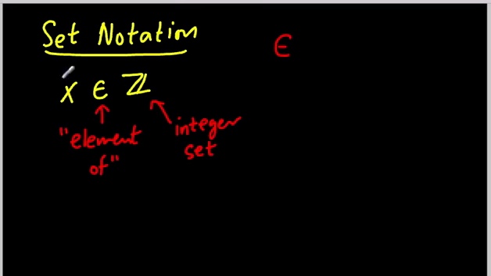And that's it. So what this means is that if there's a variable x, it is an element of, it can only hold values that are integers. If I write this down as a statement, x is an element of the integer set.